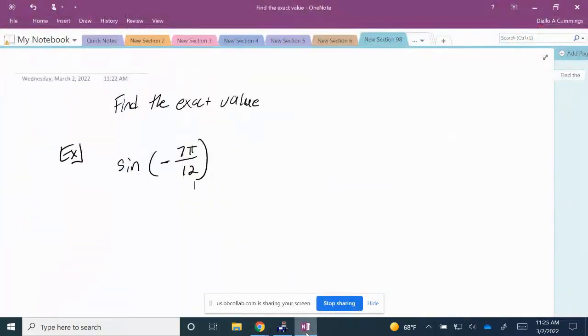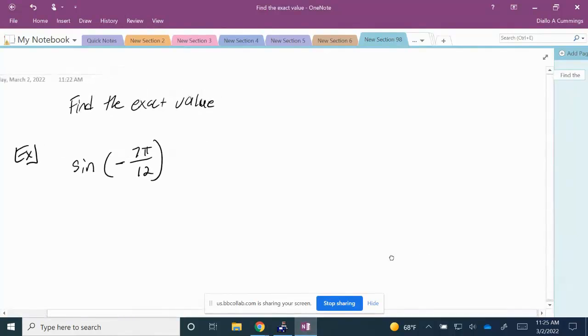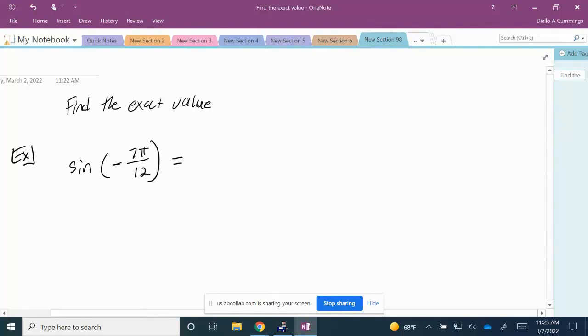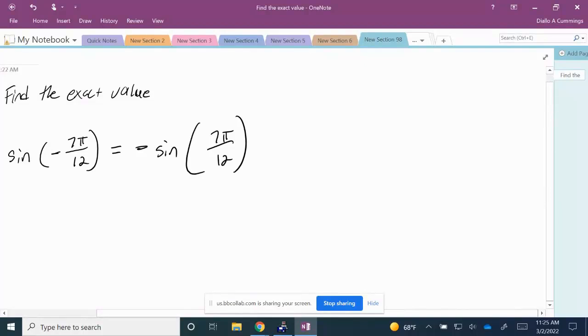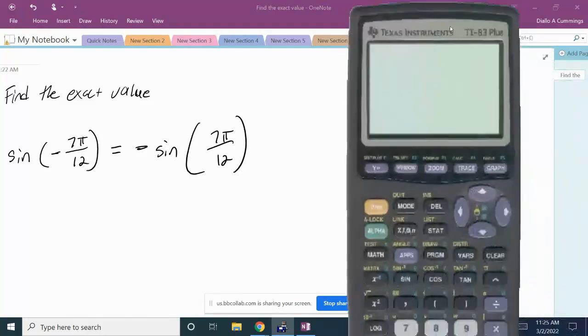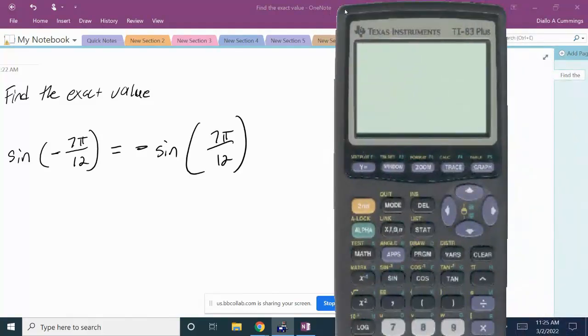All right, so we want to find the sine of negative 7 pi over 12. In proceeding, I'm going to simply use the negative number identity, and I'm going to write this as negative times the sine of a positive 7 pi over 12. In this instance, I'm going to convert 7 pi over 12 to a degree measure, because our final result is not in radians and it's not in degree measure.